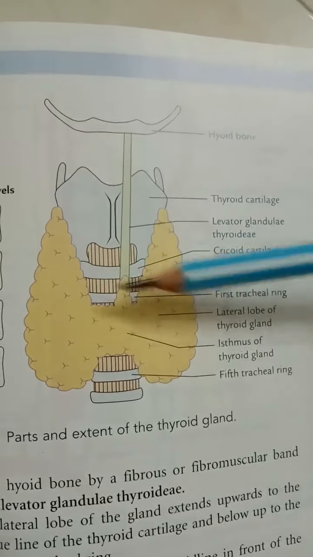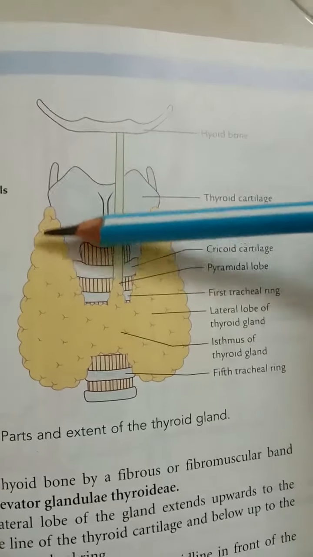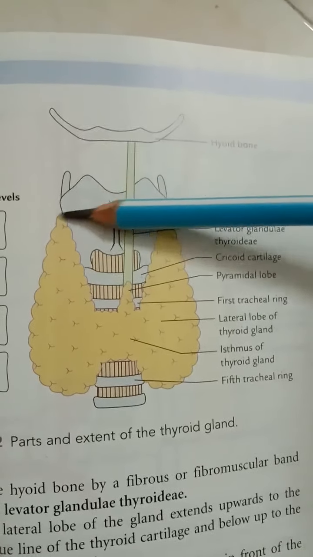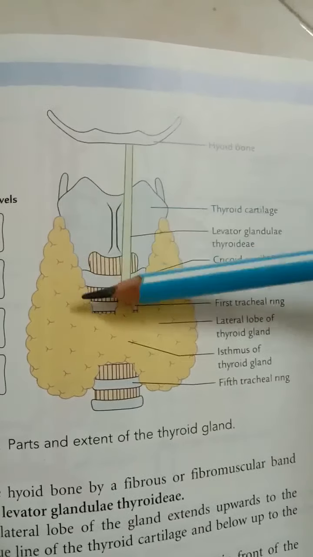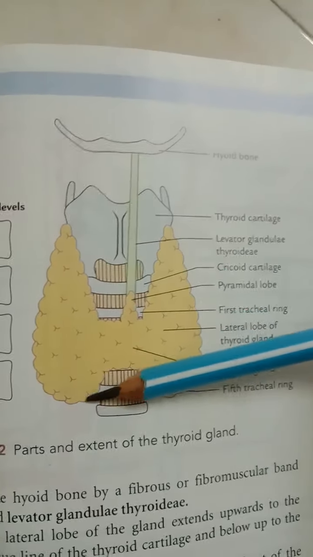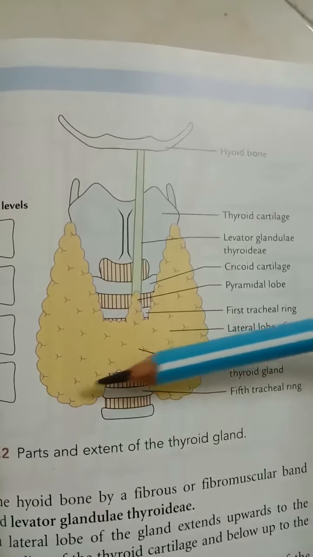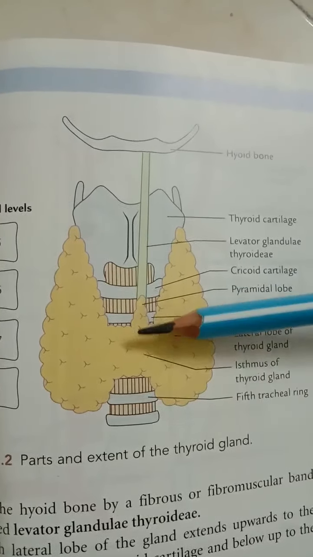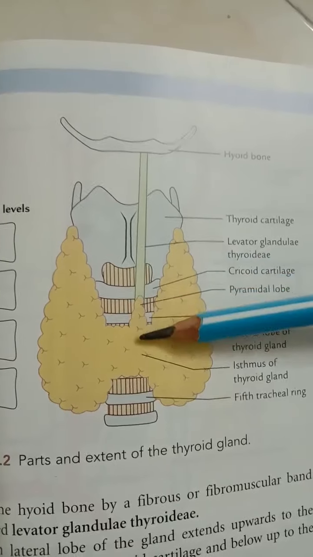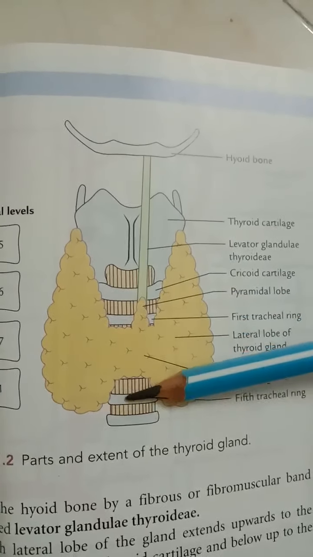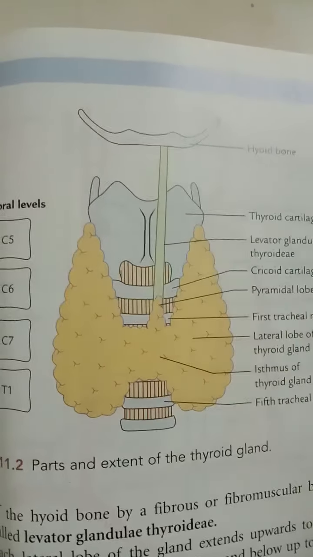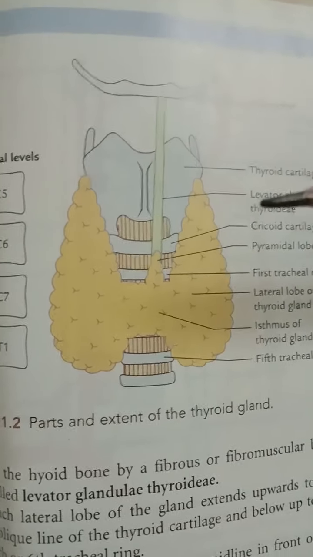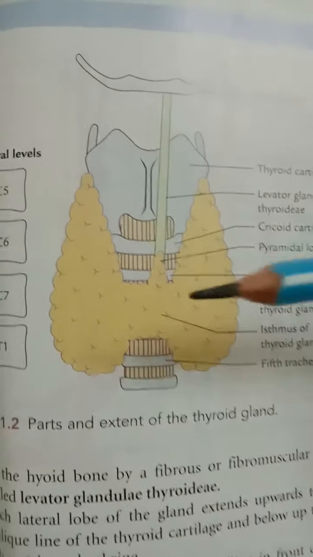Then each lateral lobe of the gland extends upward to the oblique line of the thyroid cartilage. Here you can see, and below up to the fifth or sixth tracheal ring. Then the isthmus extends across the midline in front of the second, third and fourth tracheal rings.